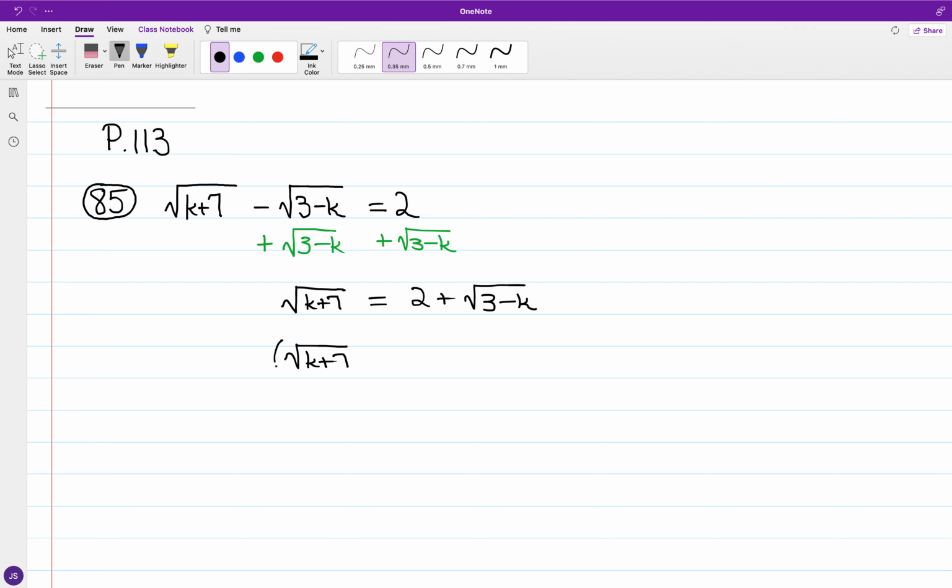Now we can square both sides, and again with two radical terms, you don't square both sides until at least one of the radical expressions is isolated.